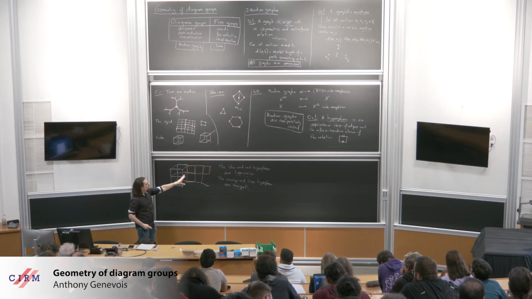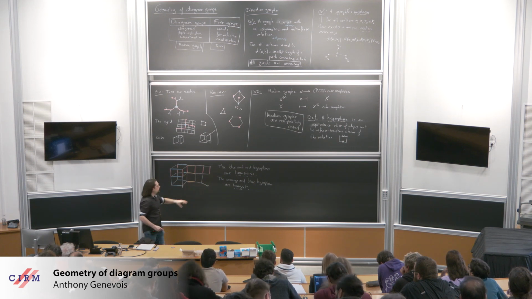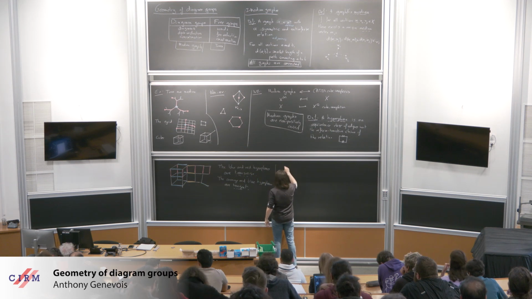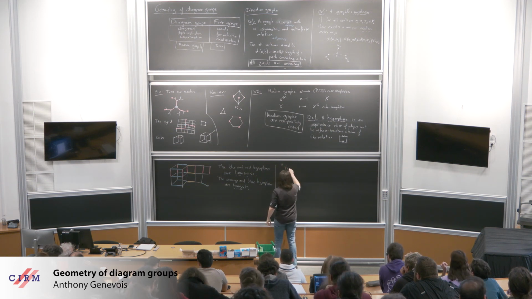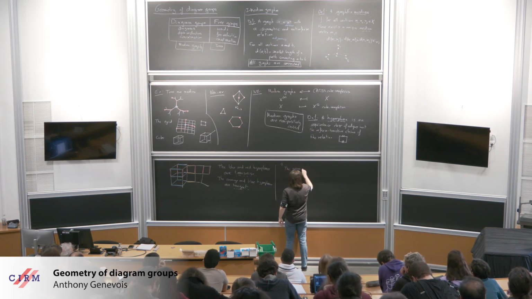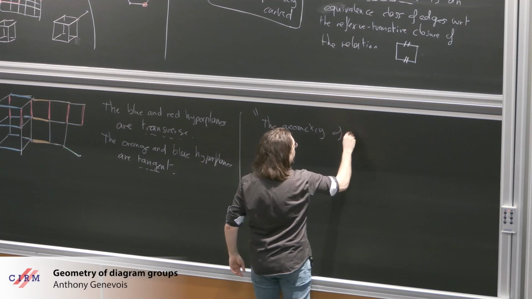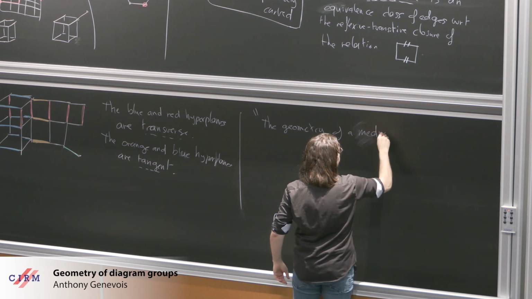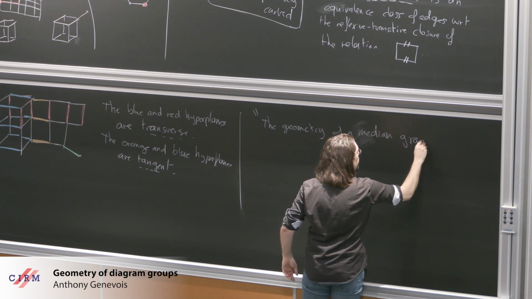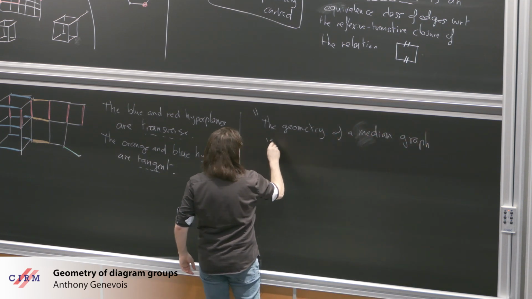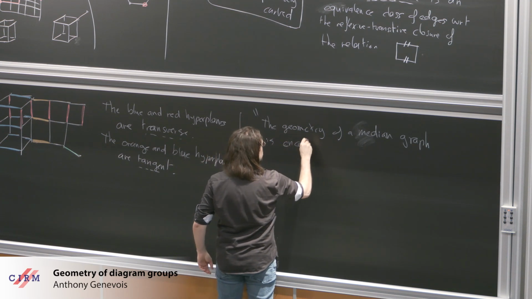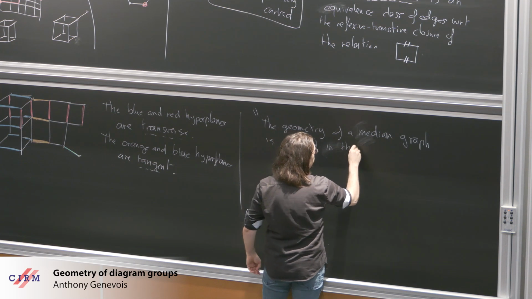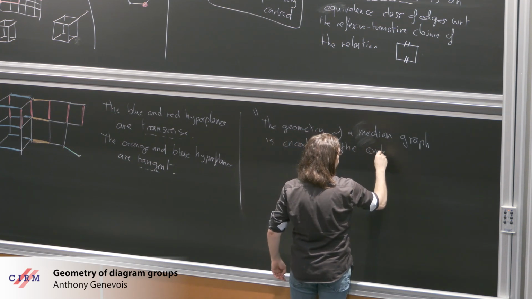So why are hyperplanes important? It's because in some sense the geometry of a median graph is encoded in the combinatorics of its hyperplanes.